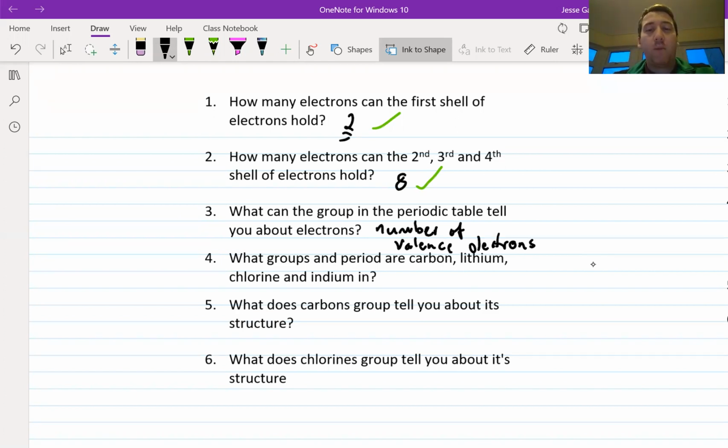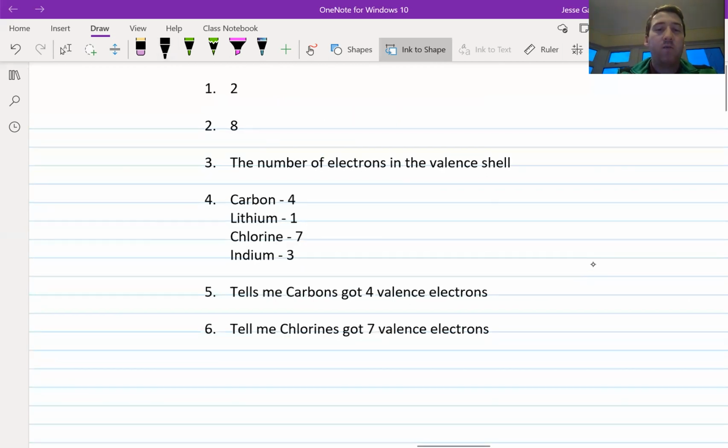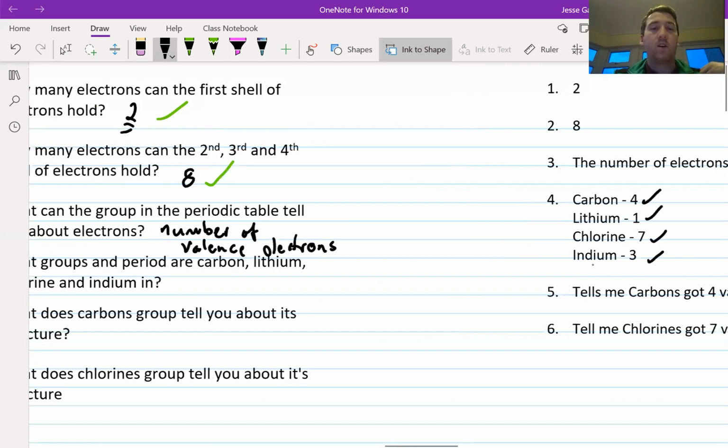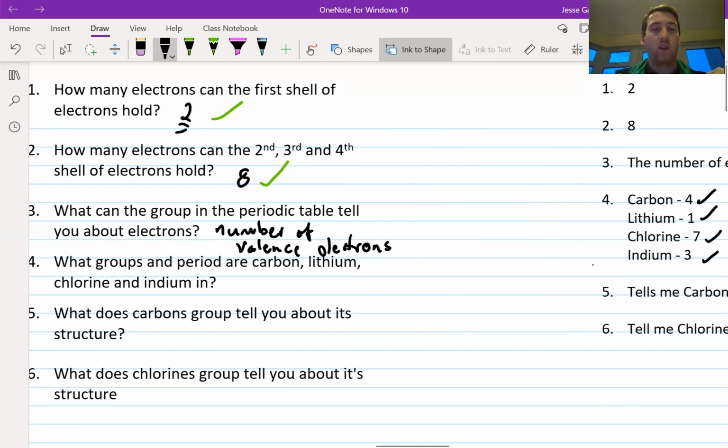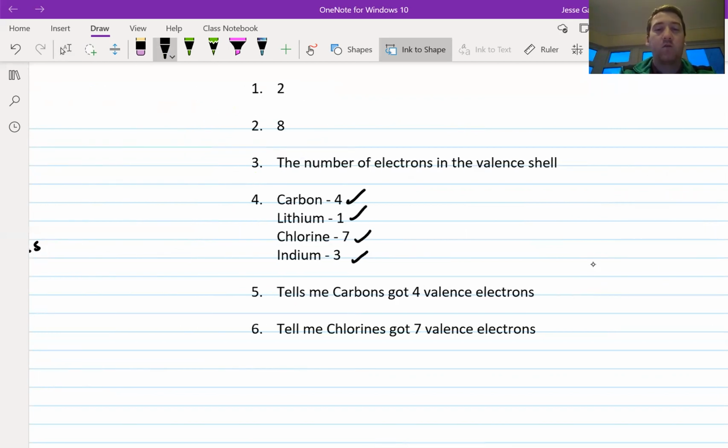What groups and period are carbon, lithium, chlorine, and indium in? Okay, so I think I have that written over here. Here you see, carbon is in group 4, lithium is in group 1, chlorine is in group 7, and indium is group 3. Oh, now I've forgotten to write that. It says what groups and period are they in? So I haven't done the period.